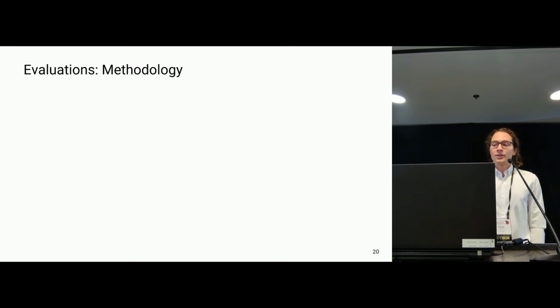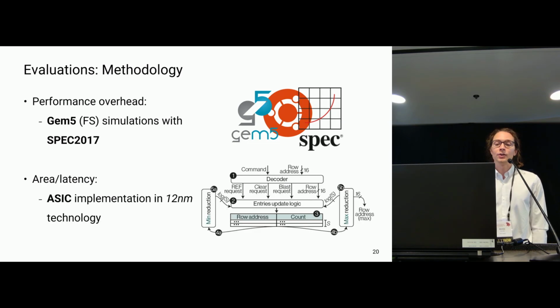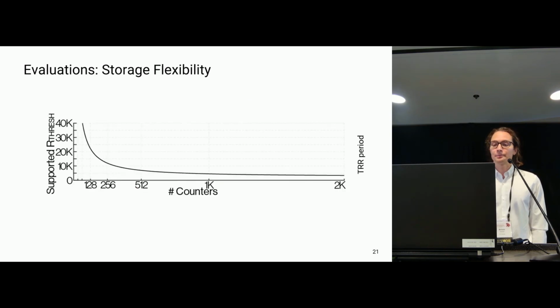So for the evaluation, for the performance overhead, we used gem5 full system simulation benchmarking SPEC 2017. gem5 is a cycle-accurate simulator, while for the area and the latency evaluation, we implemented an ASIC device in 12 nanometers.